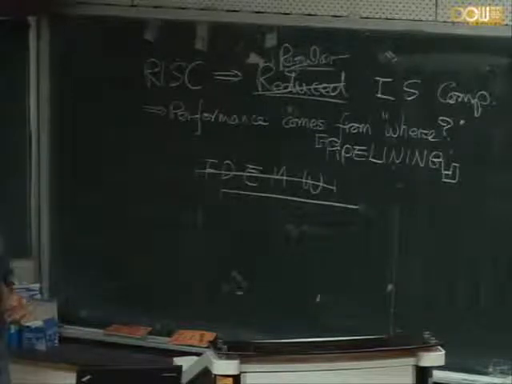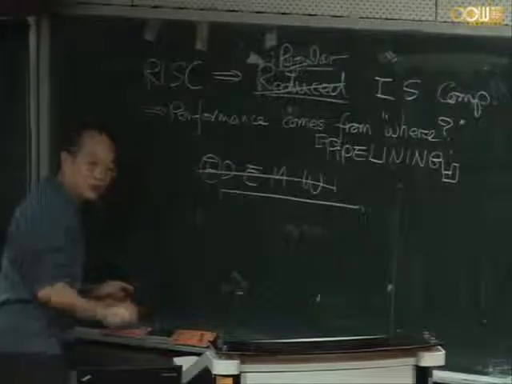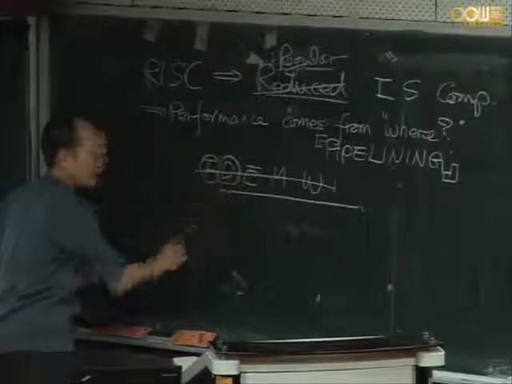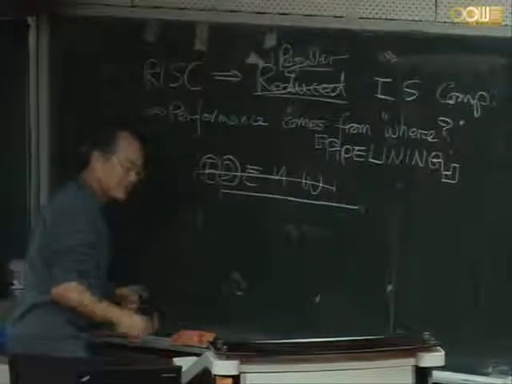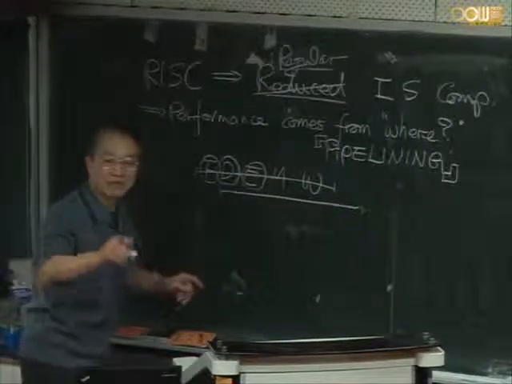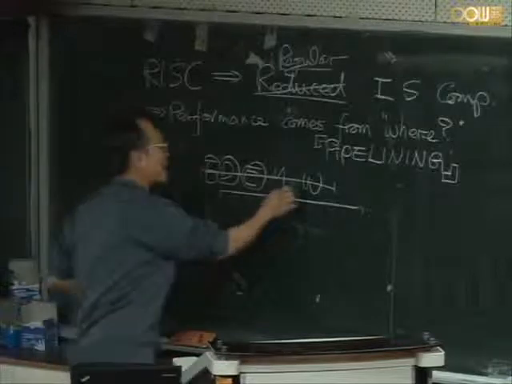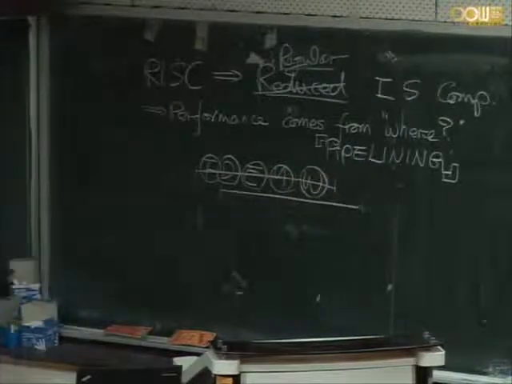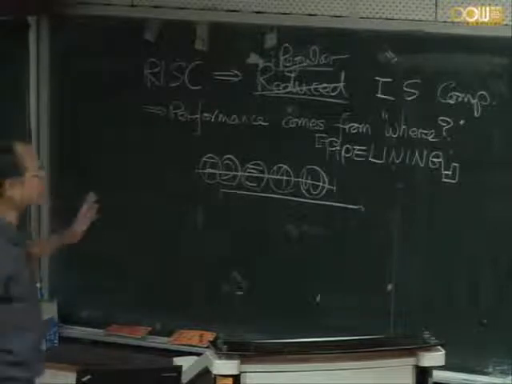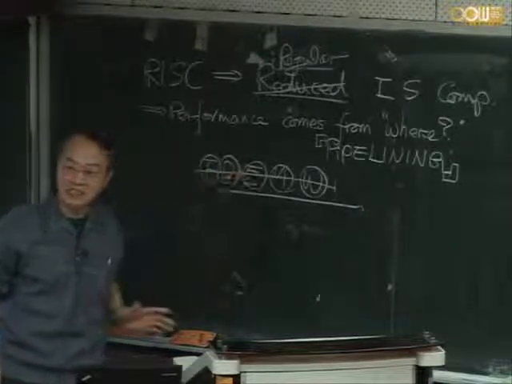So how can you make pipelining possible? Number one, make fetch easy. Number two, make decode easy. Number three, make execution easy. Number four, make memory access easy. And number five, make write-back easy. Usually we can divide the execution flow into these five major stages.